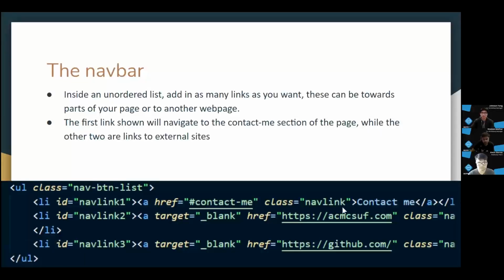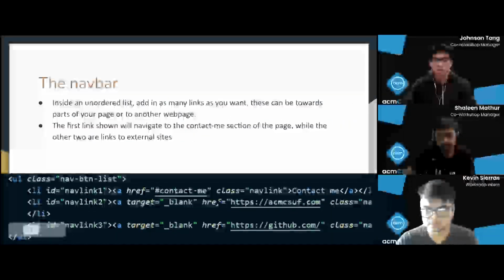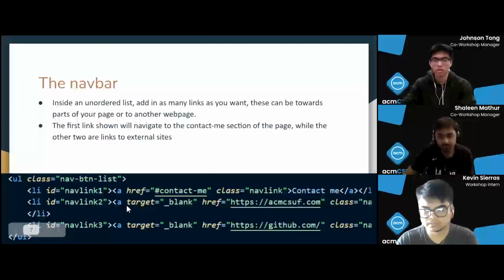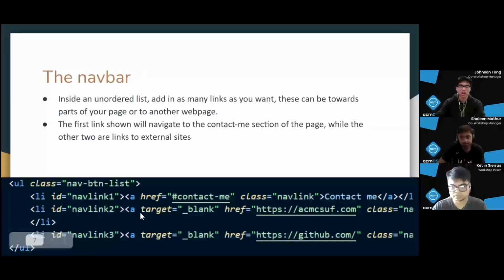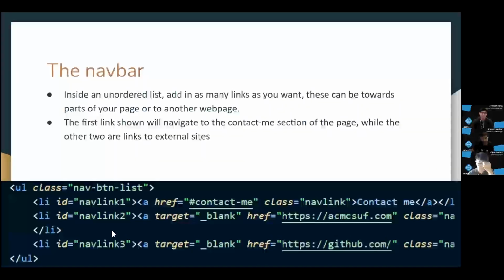We're also going to give it a class name of navlink, just in case we want to use it later, and then the text contact me inside. Down here on these two, we have links to external web pages, and they open up in a new tab because we have target equals underscore blank. That's pretty much it for the nav bar for the HTML portion.